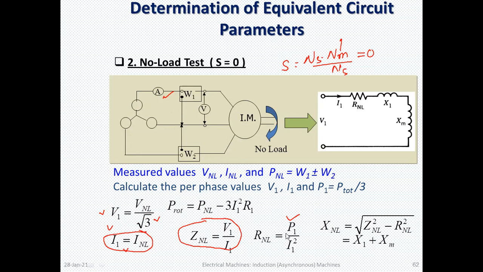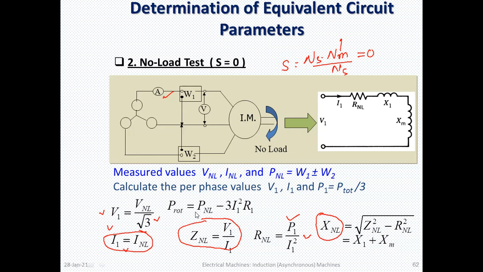So we can also find the resistance, R NL equals P1 by I1 square. Once the resistance and impedance are known, we can find the no load reactance X NL equals the square root of Z NL square minus R NL square. Z NL is known from V1 and I1, and R NL is known from here, so X NL, the reactance at no load, is also known.